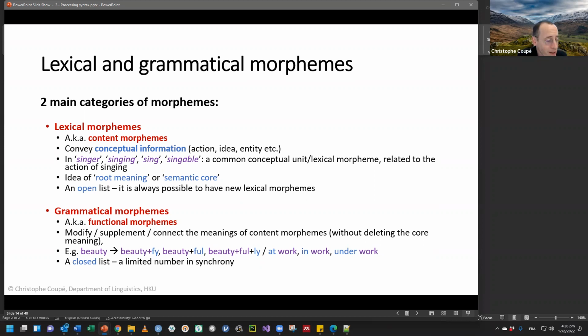These are grammatical morphemes. And in a given language, you don't have as many as you want. You have a list of them, and this list is bounded. It's a closed list. So this is more about the grammar of the language already. So lexical morphemes, grammatical morphemes.